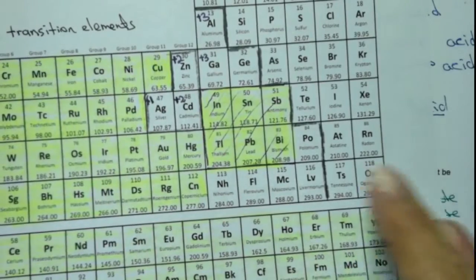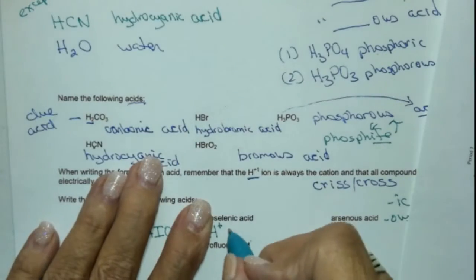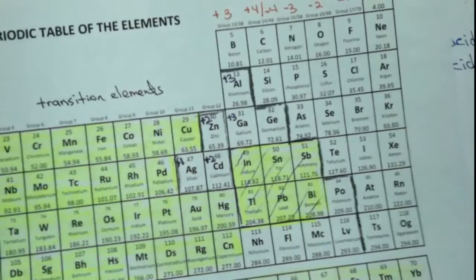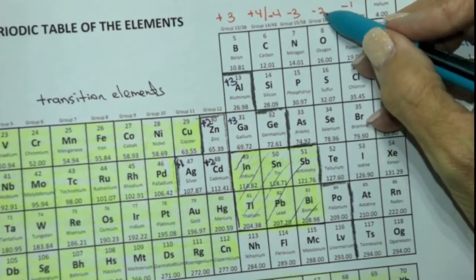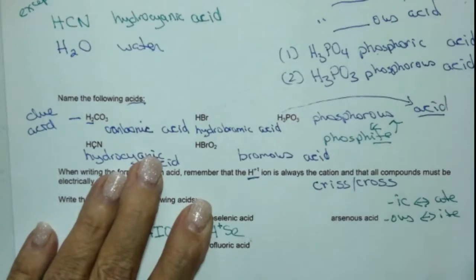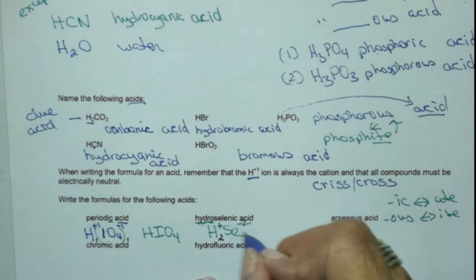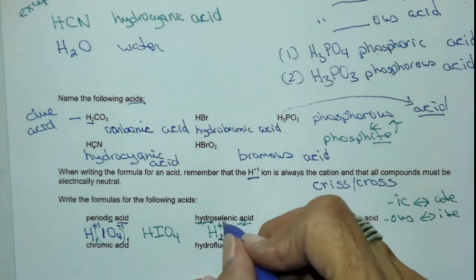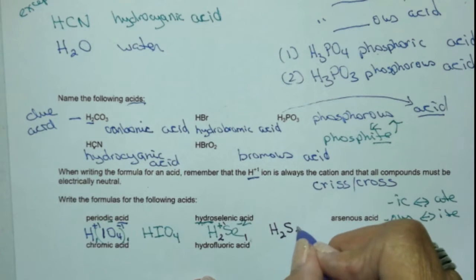So the closest thing that selenic would be is selenium, Se. It is found in group 16 under oxygen, which has a -2 charge. Crisscross, so my 2 is going here and my 1 is going here. Final answer is H2Se.